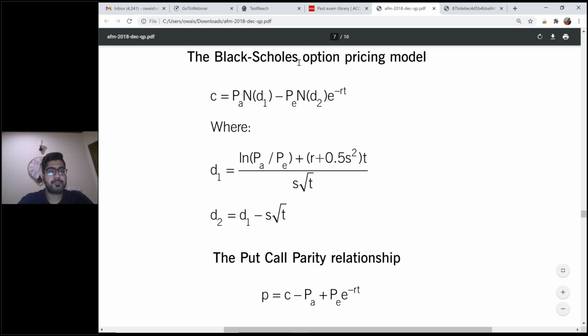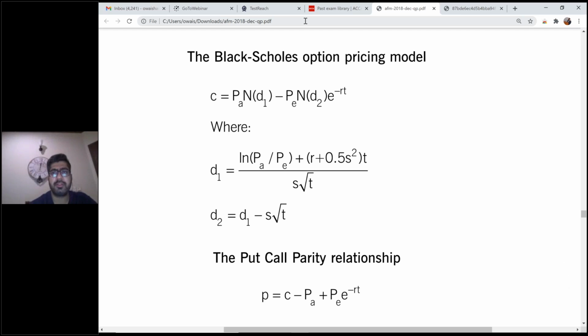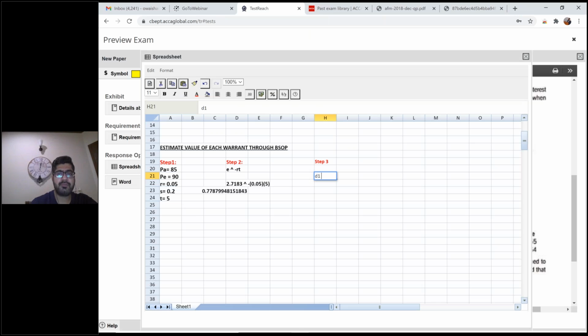So basically, when you apply this formula, it's better to do it on a calculator, or you need to show each and every step. It's completely your choice. So first ln PA over PE. D1 is equal to ln bracket open PA over PE.